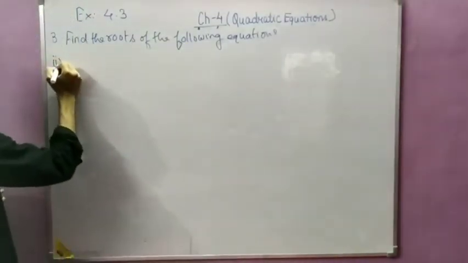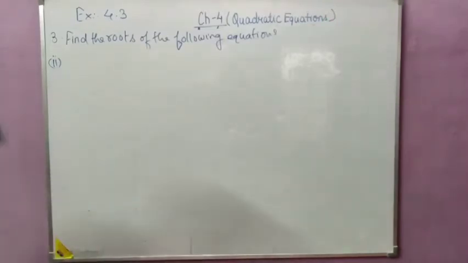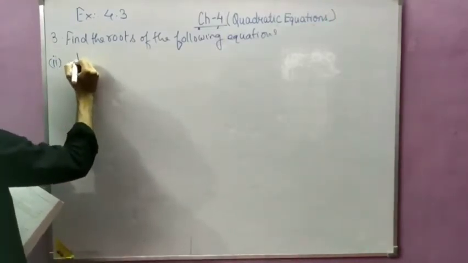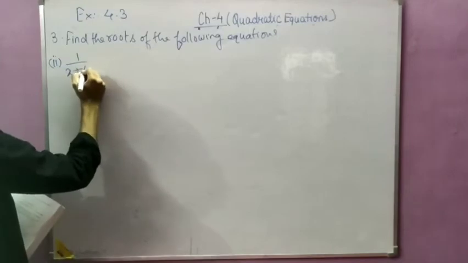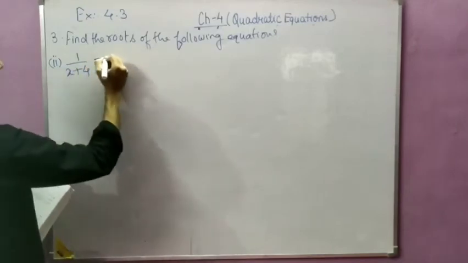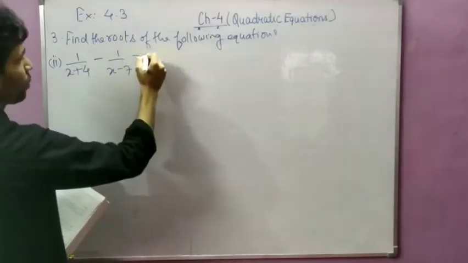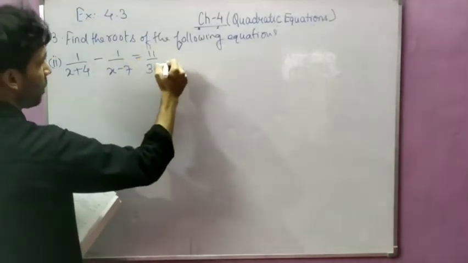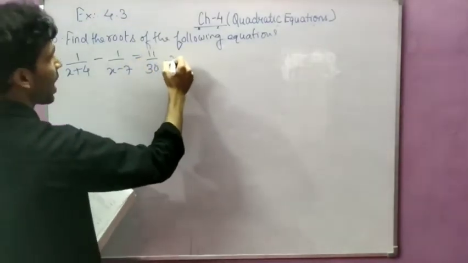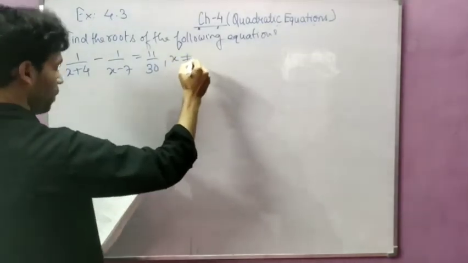Second part. What is the second part, students? 1 upon x plus 4 minus 1 upon x minus 7 equal to 11 by 30, where x cannot be -4 and 7.